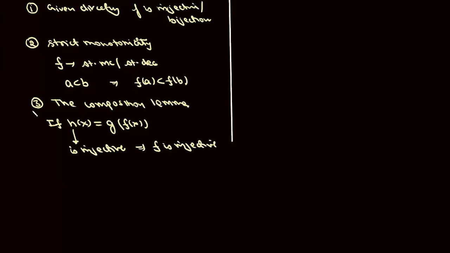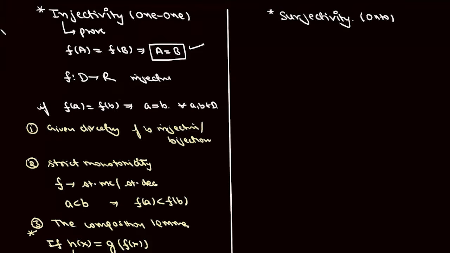So generally you'll find these types of problems in Olympiad functional equations. Now injectivity gives you this right of cancelling this function f to deduce a equals b.